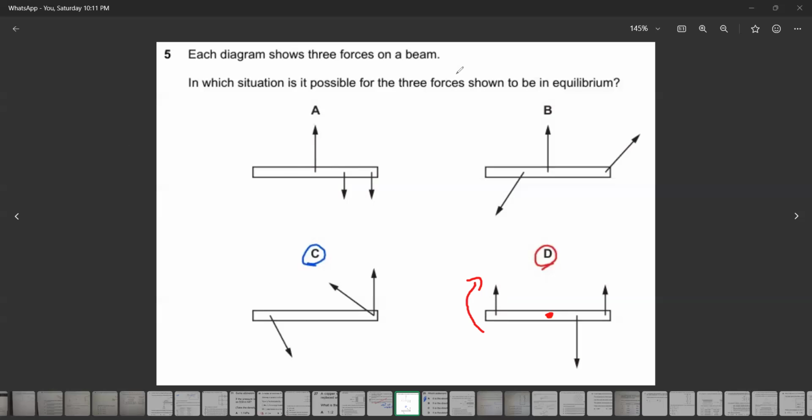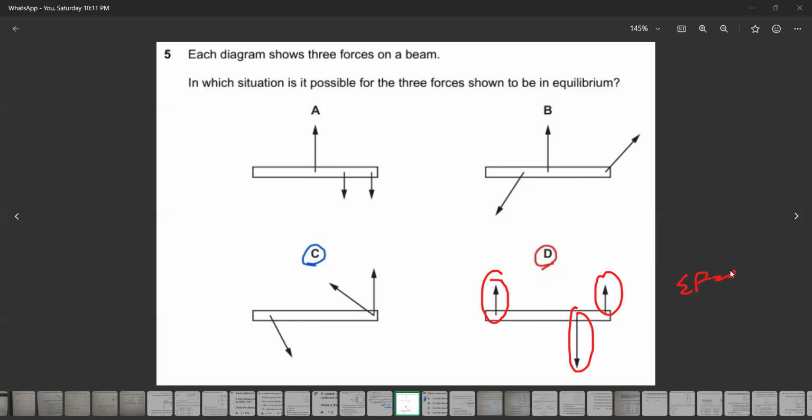So there is no resultant force on this one. And what about the moment, the turning effect? First thing we check, the total upward force equals the total downward force.